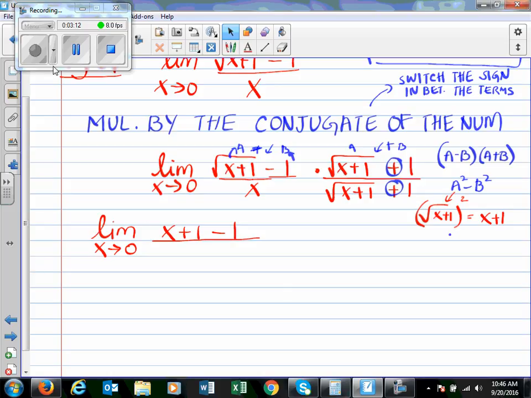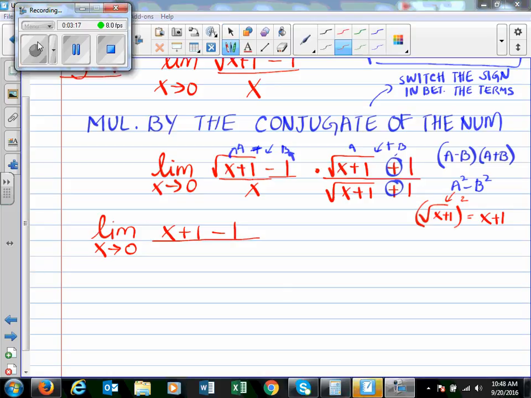Now the numerator is that. The denominator, I'm keeping the denominator. So x times the other part, which remains: 1 over the square root of x plus 1 plus 1.